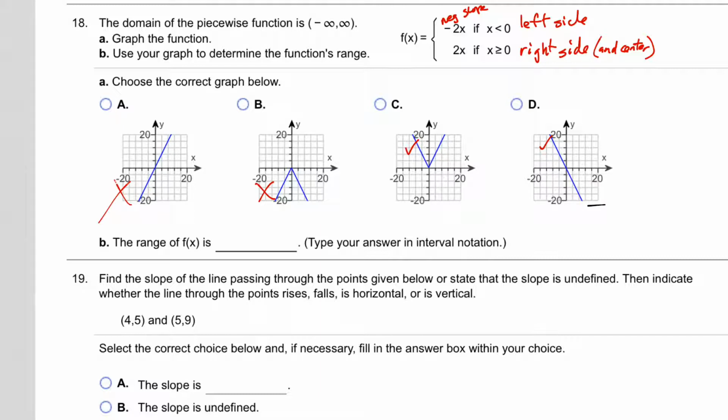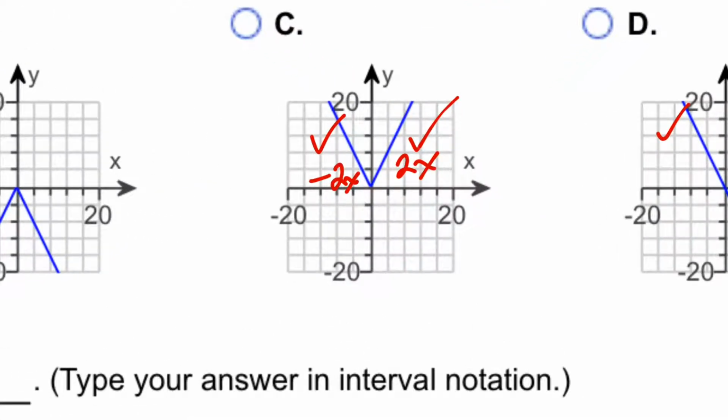So for the right side, it's a positive slope, right? Because that's positive 2x. So that right side should be going up, or increasing. This one is not increasing, it's this one right here. Okay, so there's your negative 2x right there, and there's your positive 2x right there.